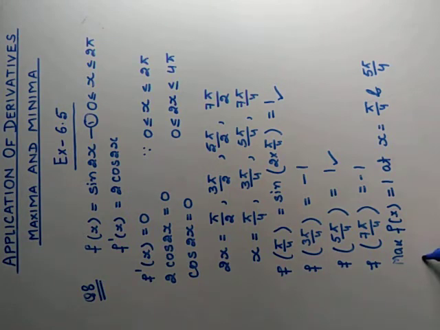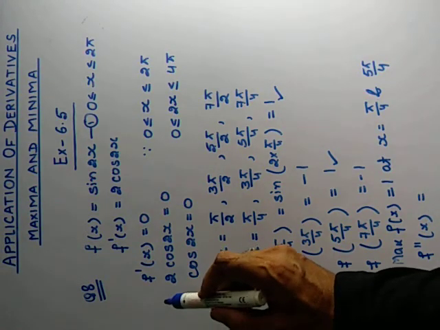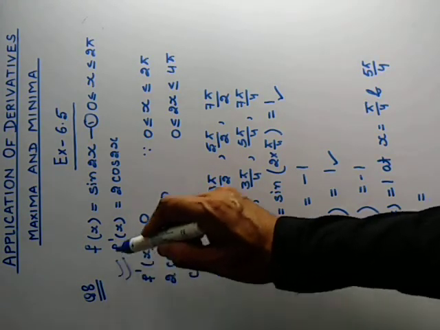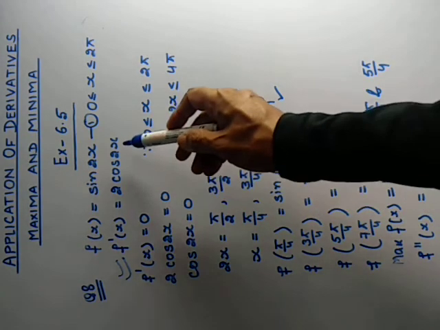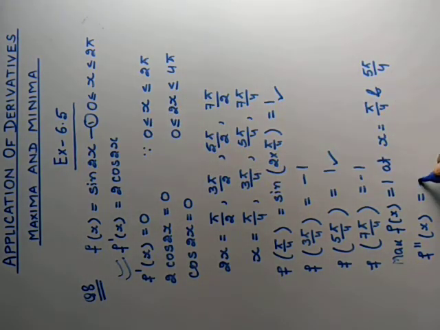For that we will find the second order derivative of f dash x. The derivative of 2 cos 2x will be minus 2 sine 2x. So the minus sign is here, which means it is less than 0. So the value is maximum.